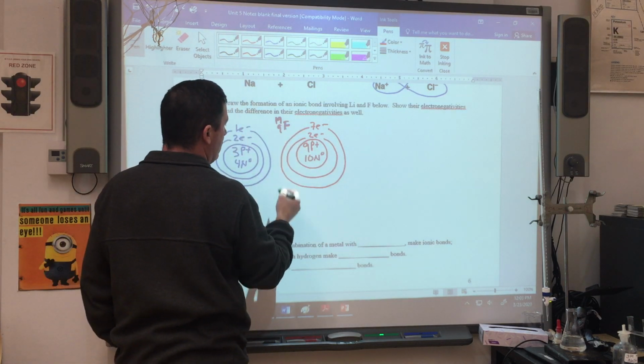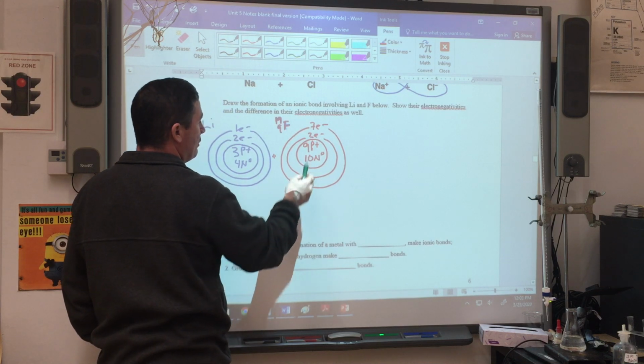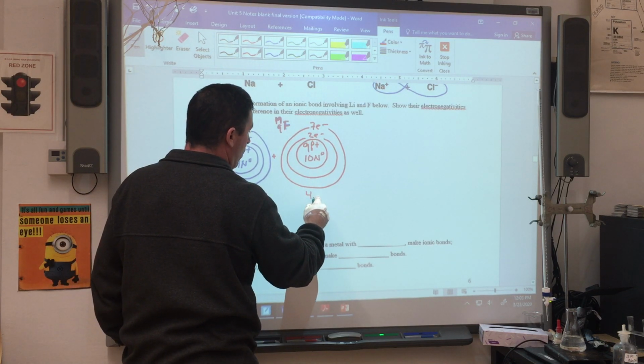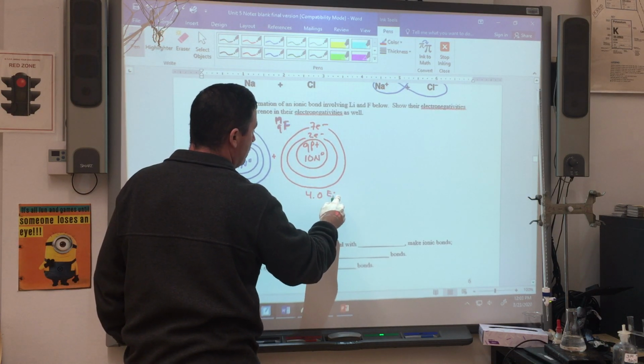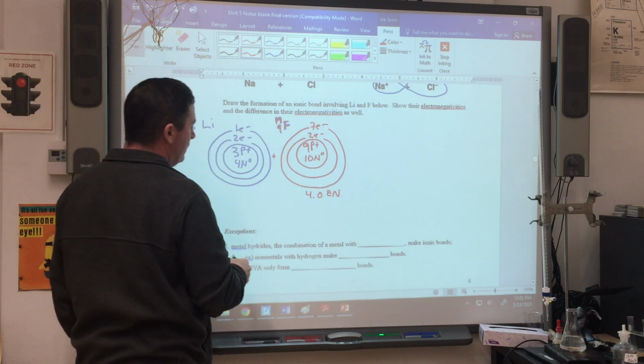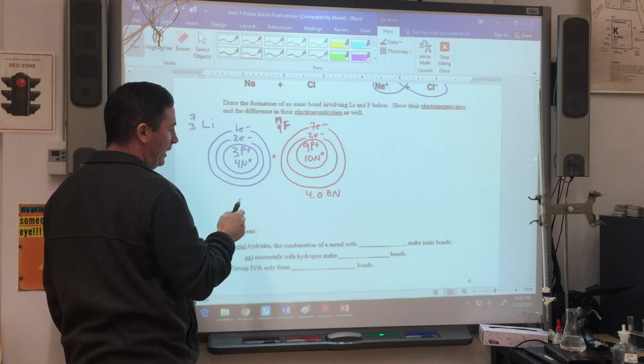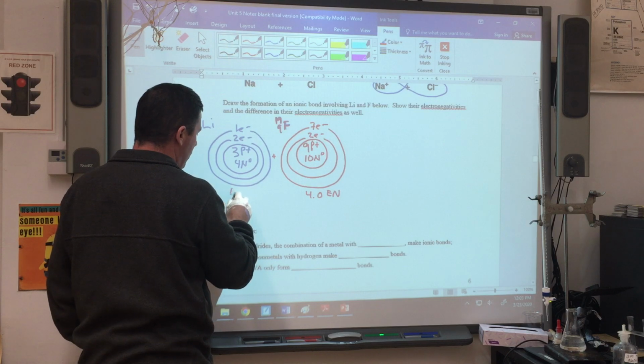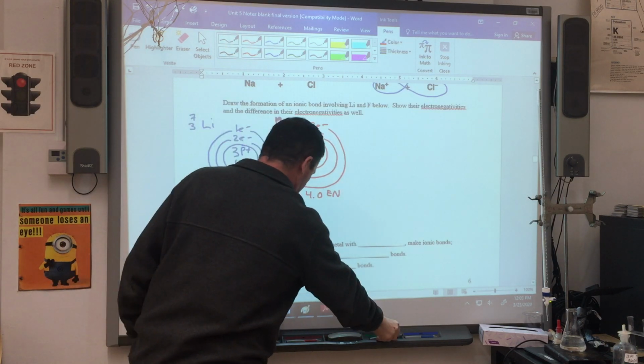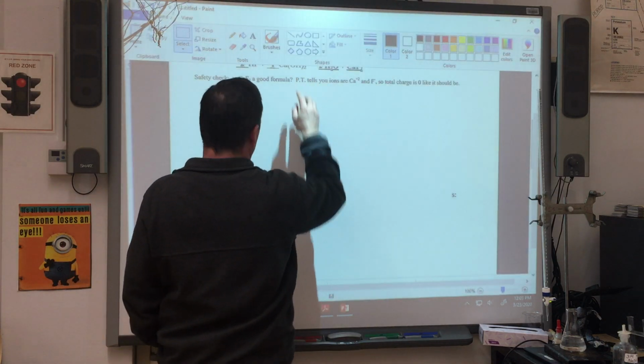So here's fluorine. If we add these two together, fluorine has 4.0 electronegativity. Lithium, I don't know off the top of my head, but it's in the range of 1 point something. Let's see if we can quickly look it up.